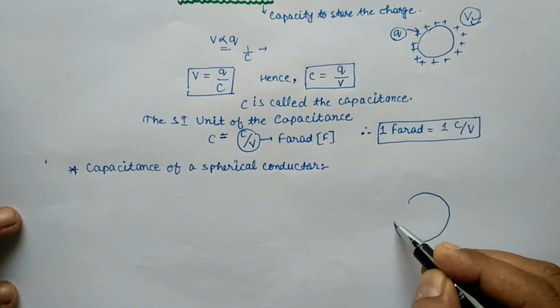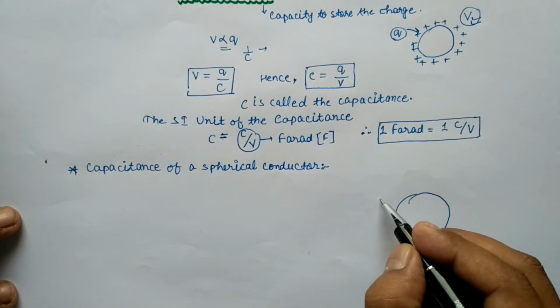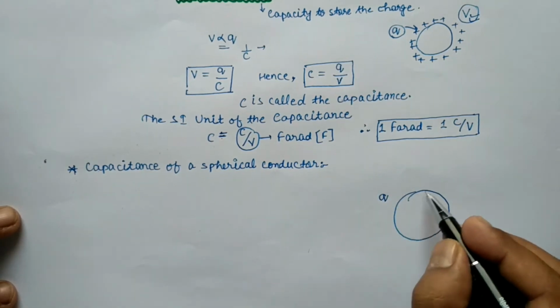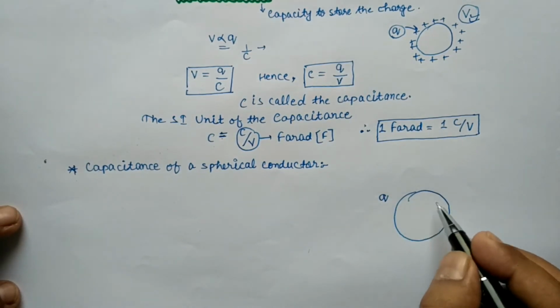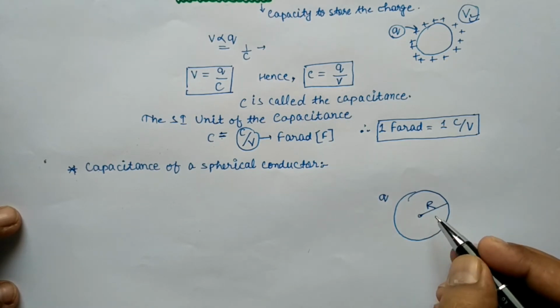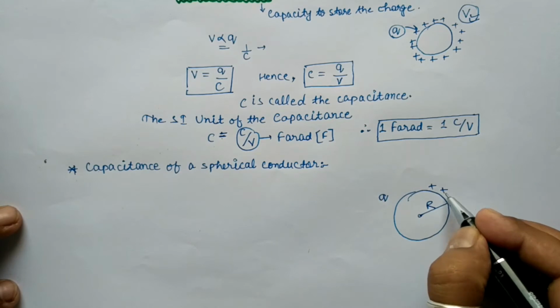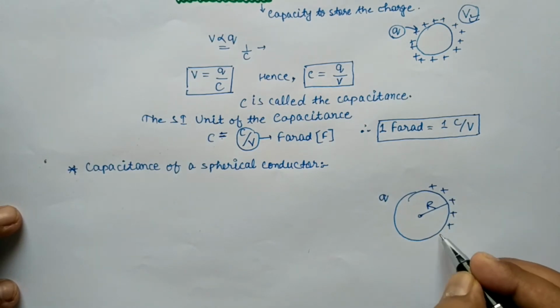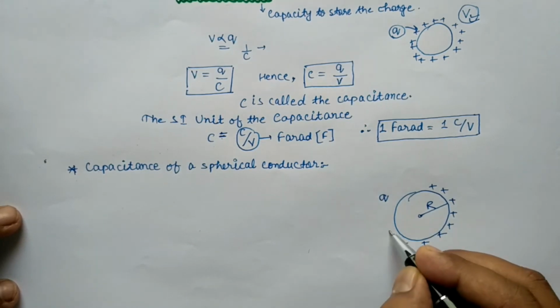When a charge q is given to a spherical conductor which radius is capital R, this charge spreads on its surface.